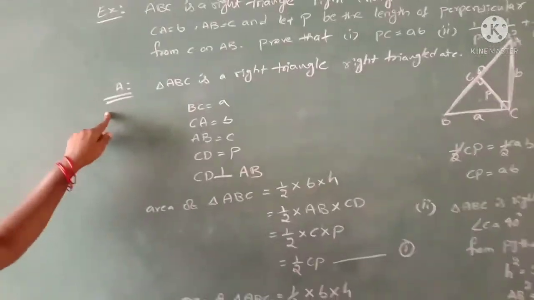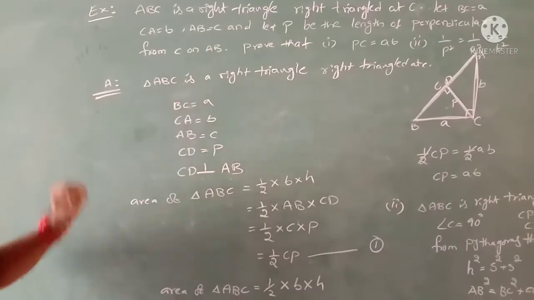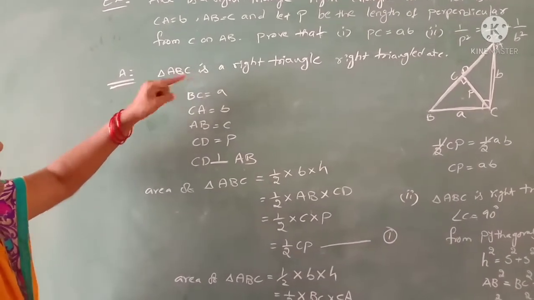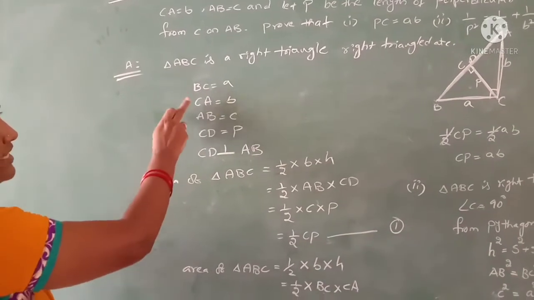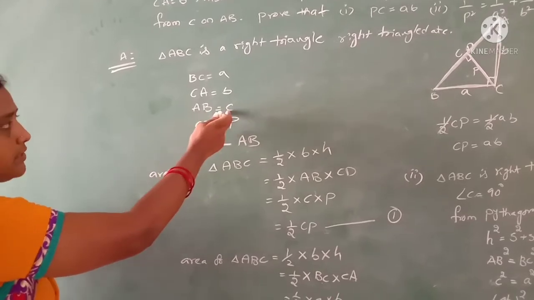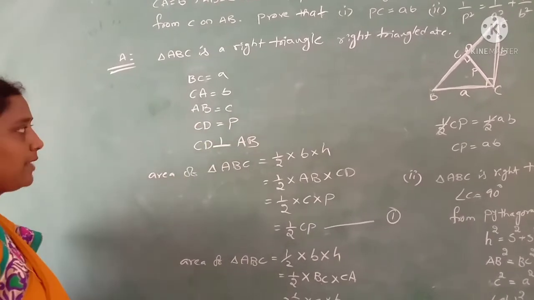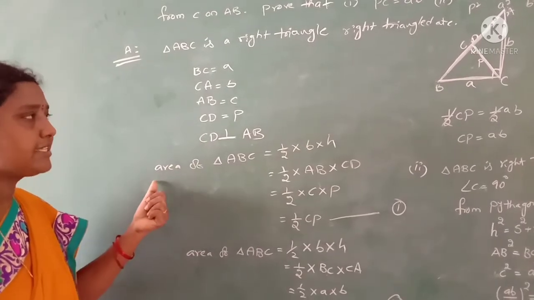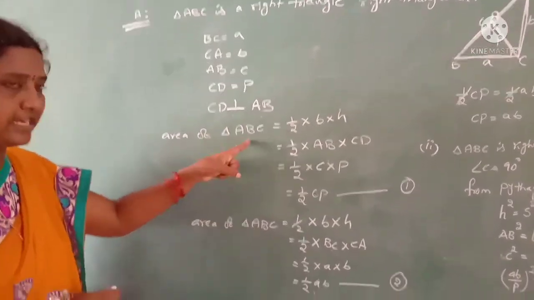Once again, first we write the given values. Triangle ABC is a right angle at C. Next, BC value A, CA value small b, AB value small c, CD value small p. So CD is perpendicular to AB. Next, we find the area of triangle ABC.